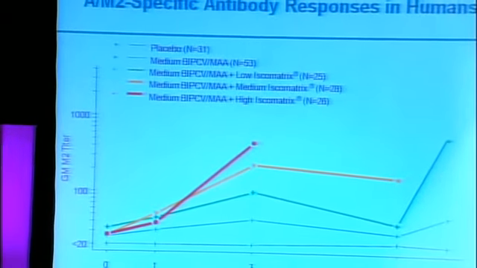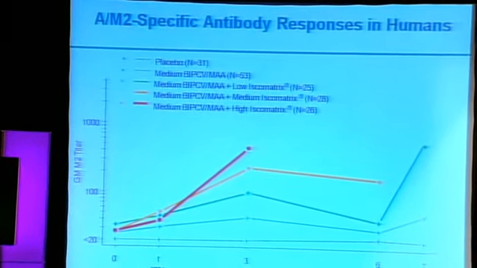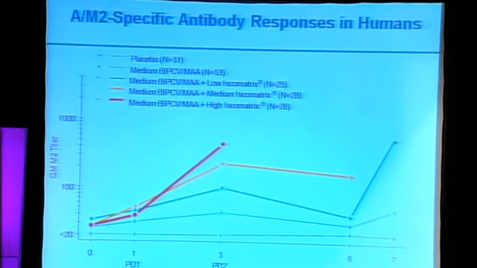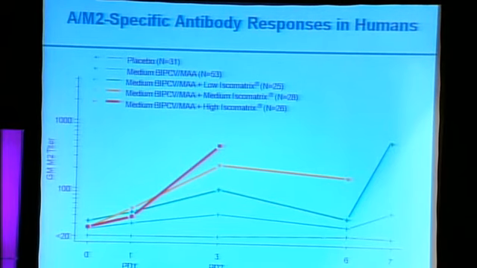So this is our clinical data from the phase 1 trial. In this case, the vaccine is 5 microgram peptide plus adjuvant: alum alone, or alum plus low dose ISCOMATRIX, medium dose, or high dose ISCOMATRIX, which represent 20, 60, or 100 microgram ISCOMATRIX.